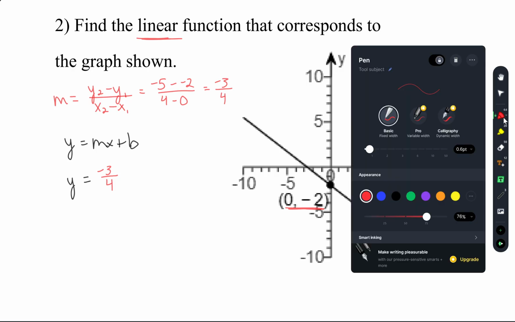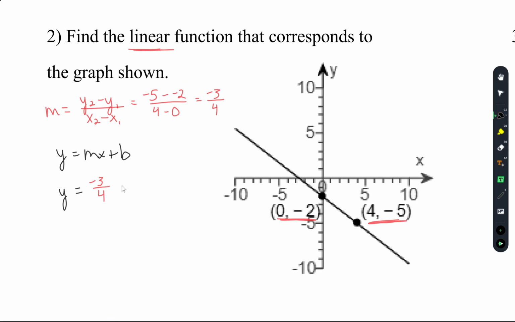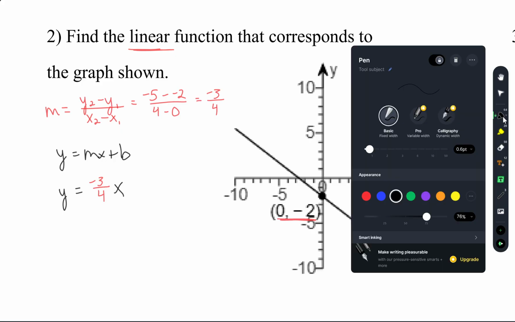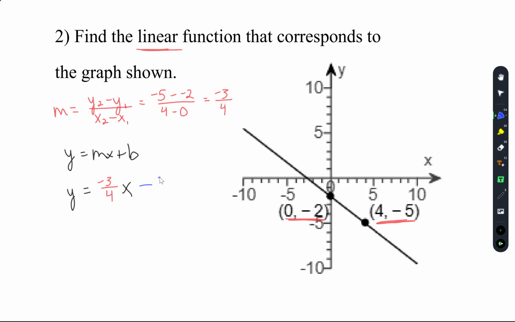Plug in the slope, and then plug in. In calc, they're more into point slope form.